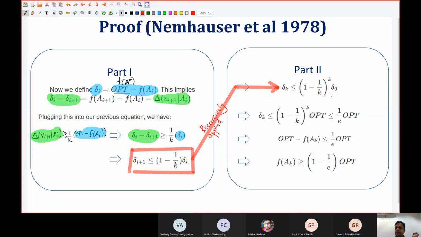And how long does this go? Well, it goes as long as delta 0, right? And what is delta 0? Delta 0 is opt minus f of a0.